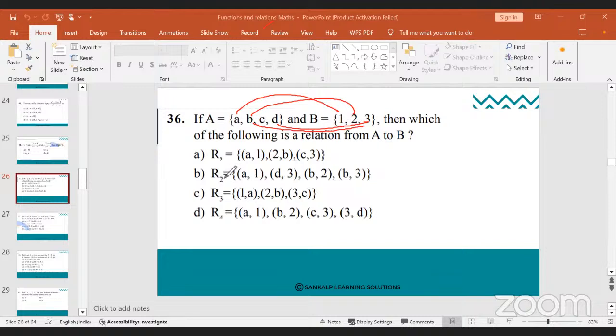So R2 is just a subset of A cross B, because if we combine this, we will get R2 is a subset of the product A cross B. So option B is the correct answer. Option B is the correct answer. So it is a relation from A to B, you can say. Relation from A to B is this.